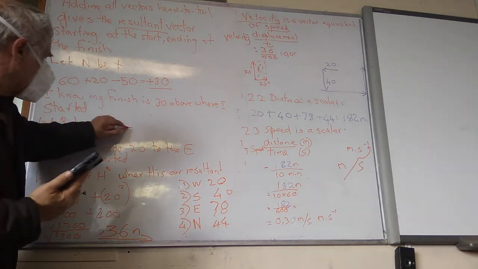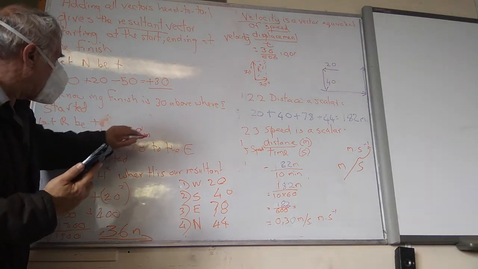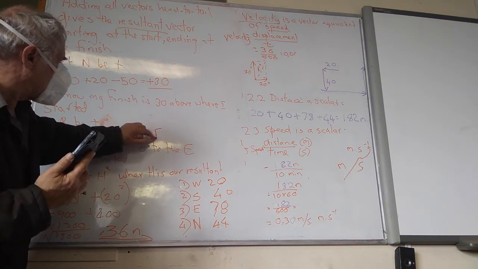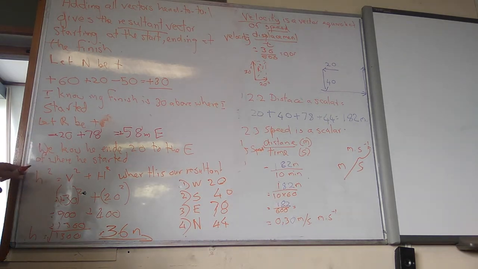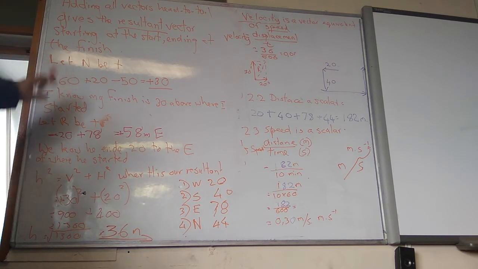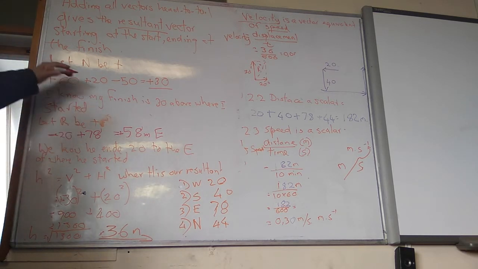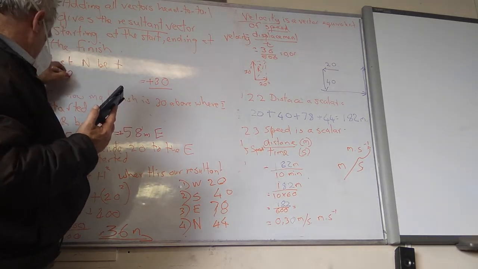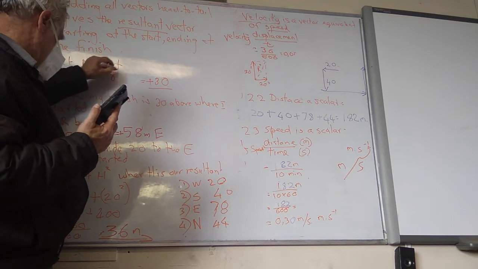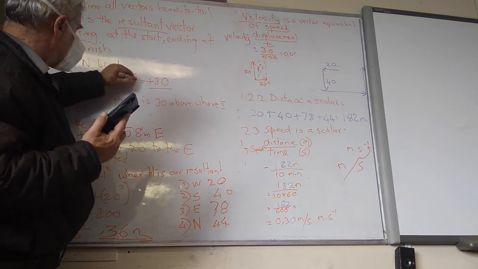And then we know that he also went down. So, sorry, I should have done this one here. So that should have been minus 20 plus 78 equals plus 58. Okay, let's do the east-west one here.